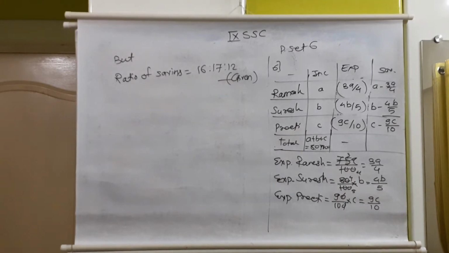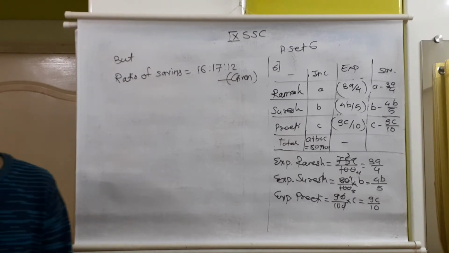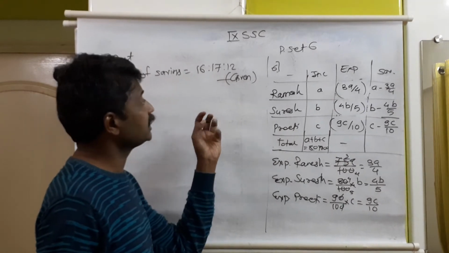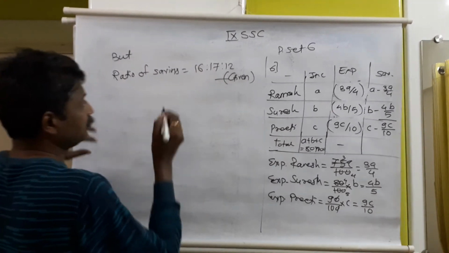Now, if this is the given information, how can we convert it into their savings? Because finally we have to find out the annual savings of each of them.